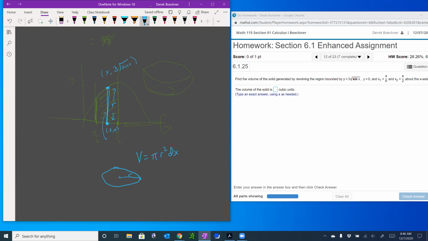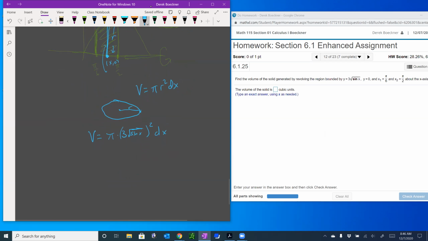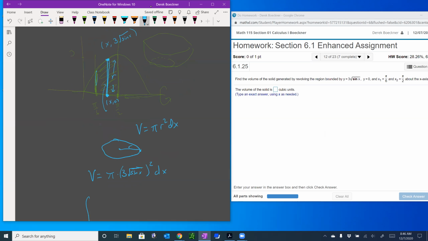And so that's going to be pi times 3 square root sine x, squared, dx. So I'm going to integrate. I start getting these strips at pi over 6, and I stop getting them at pi over 2.